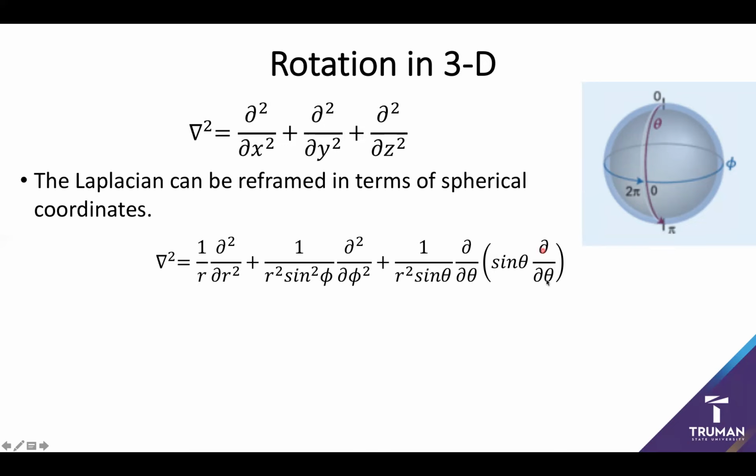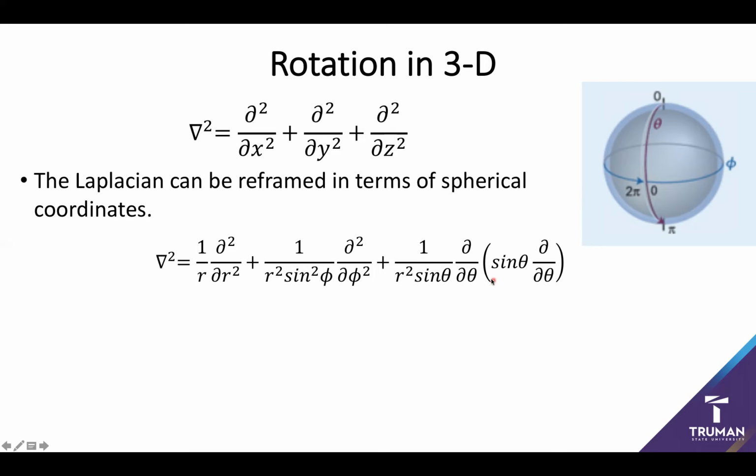So we have a normal first derivative with respect to theta, and then we need to bring in a sine theta and then do the second derivative with respect to that. So suffice to say, this isn't exactly one I'm going to be expecting you to do at the drop of a hat. This isn't a physics quantum mechanics class where I'm going to make you run difficult calc all day. But it is worth acknowledging that this is going to be going on in the background.